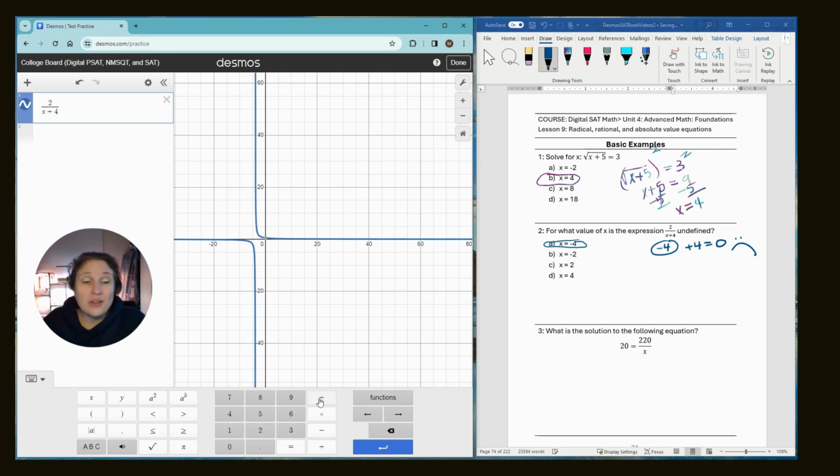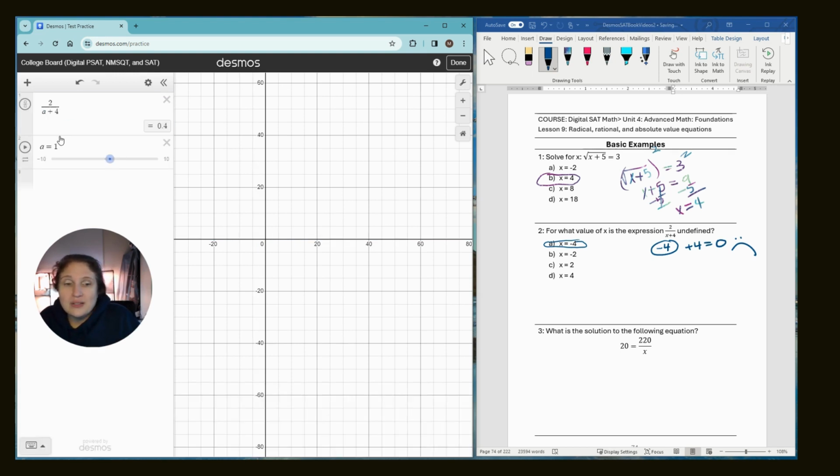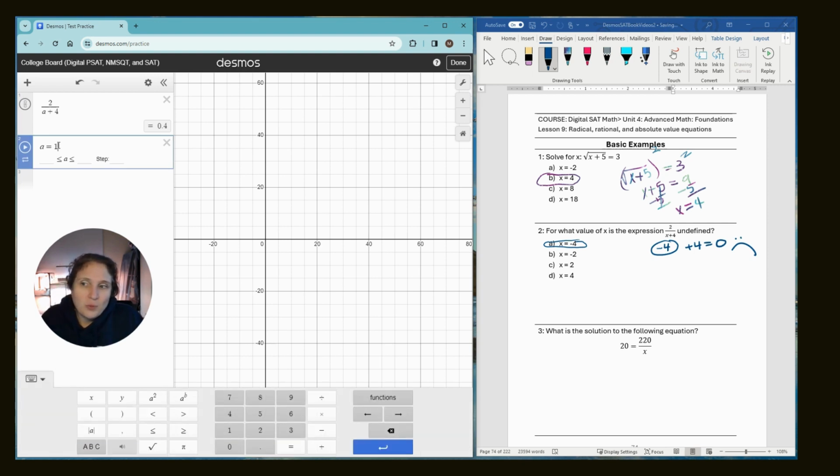Here's another way that you could do it using the slider function, because y'all know how much I love slider. Instead of x, pick any other letter besides x or y. We often use a in my videos. And then notice how I have an answer 0.4 if a is 1. I'm going to start at the bottom and work up. If a equals 4, I get 0.25. If a equals 2, I get a fraction, 1/3.